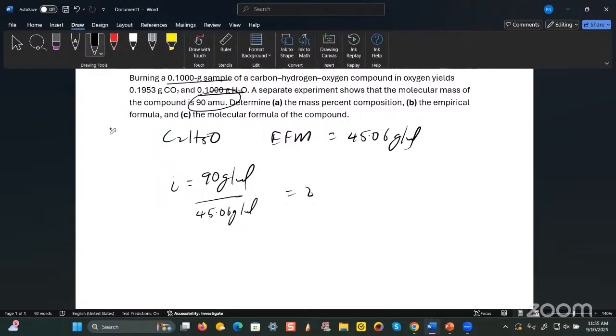So that means that the molecular formula will be equal to C2H5O multiplied by 2, which is equal to C4H10O2. And that's how that is done.